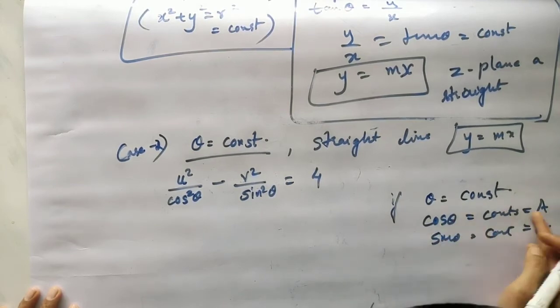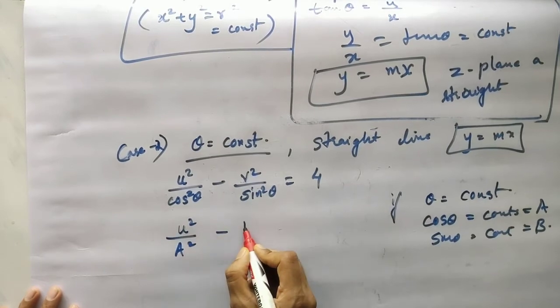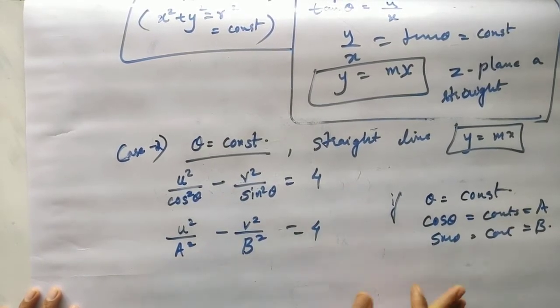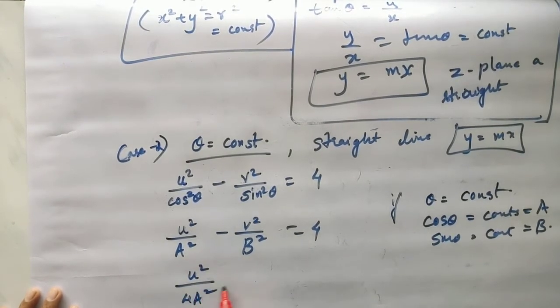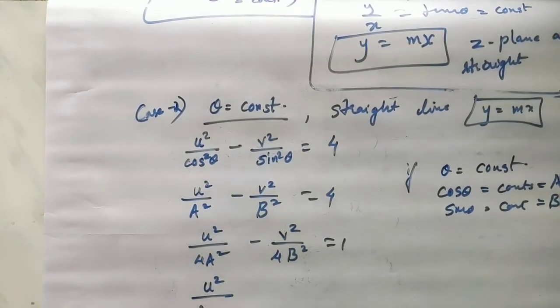I am representing cos theta as a and sin theta as b. So the given equation will be u square by a square minus v square by b square is equal to 4. I will divide throughout by 4. You will get u square by 4a square minus v square by 4b square is equal to 1. Or I can further simplify and write it as u square by (2a) whole square minus v square by (2b) whole square.